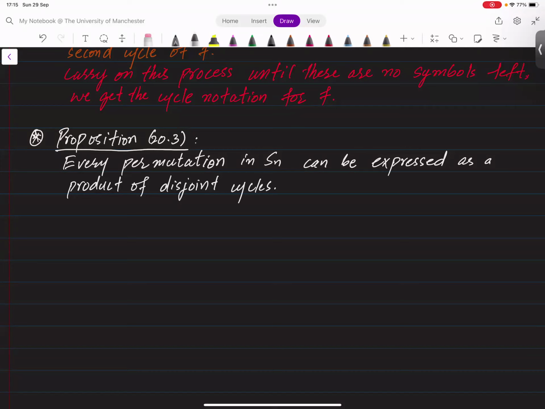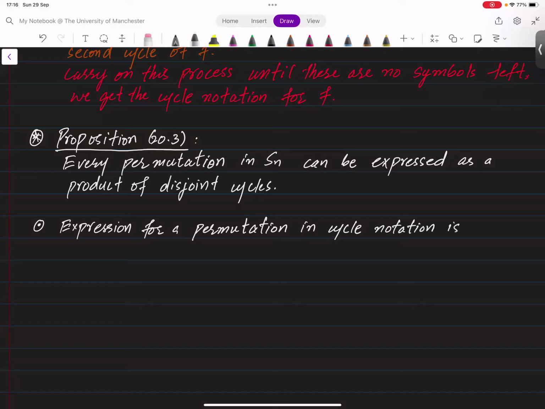First, each cycle can begin with any one of its symbols, which means we can begin with any symbol to begin a cycle.